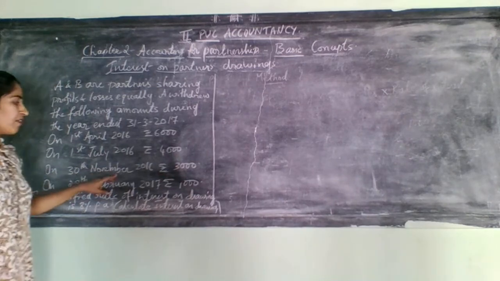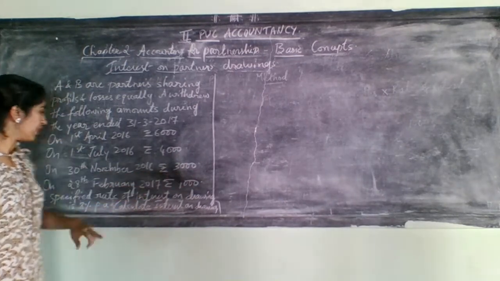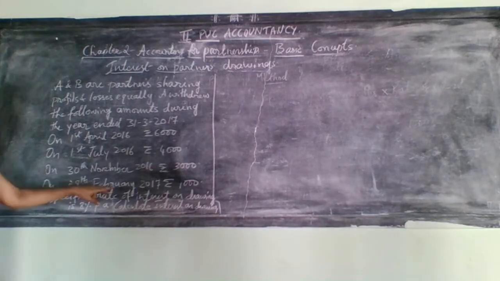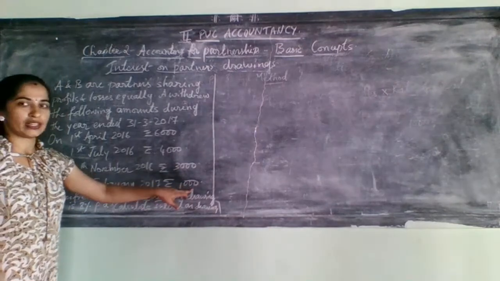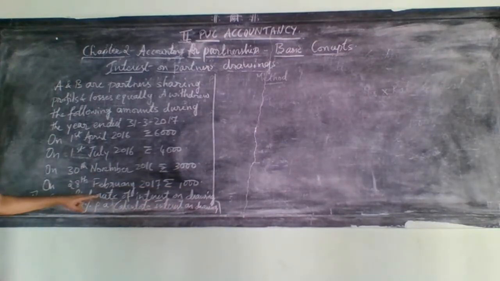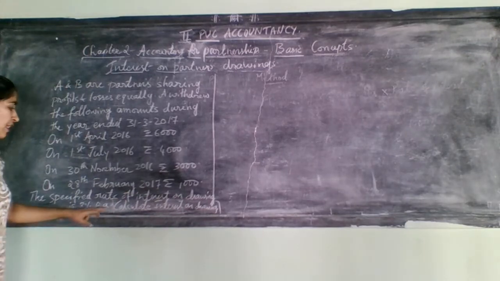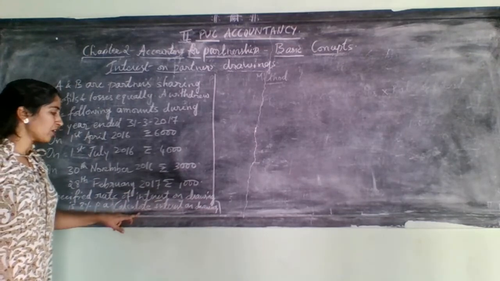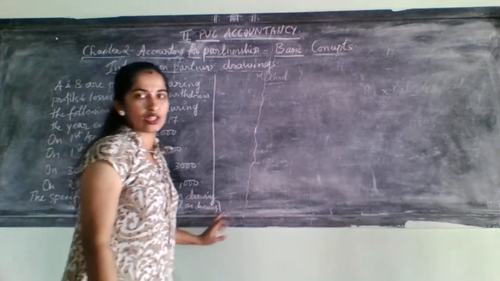On 30th November 2016, rupees 3,000. On 20th February 2017, rupees 1,000. The specified rate of interest on drawing is 8% per annum. Calculate interest on drawing.